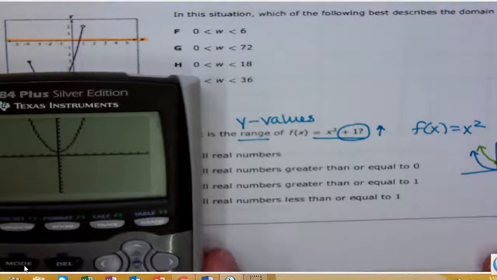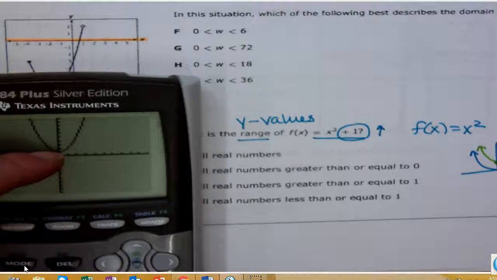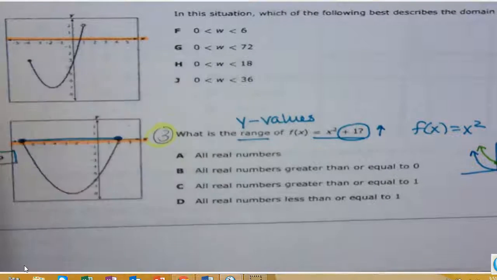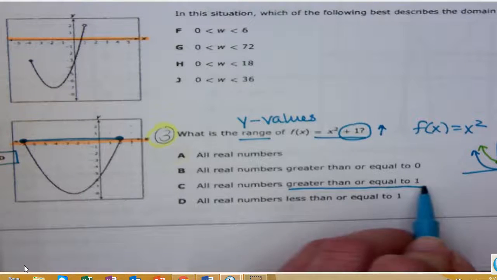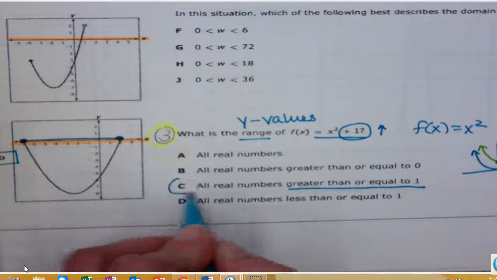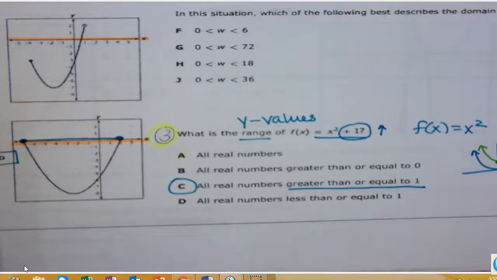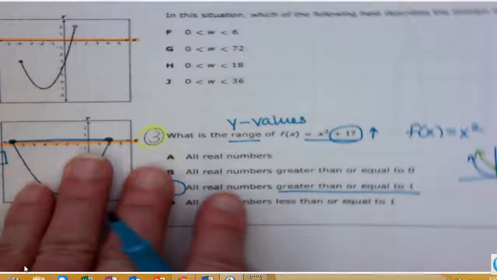All right. Then I can see all of my y's are covered from 1 on up. So the answer is all real numbers greater than or equal to 1. There's your answer. Moving on.